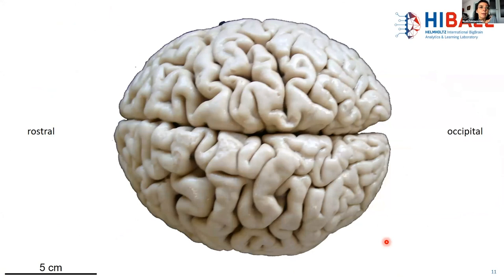Okay, now let's start again with a left-right question. If I tell you that this is a dorsal view of the big brain and that rostral is to the left side of the image and caudal or occipital is to the right side of the image, would you give me a thumbs up if you think that this is the left hemisphere?